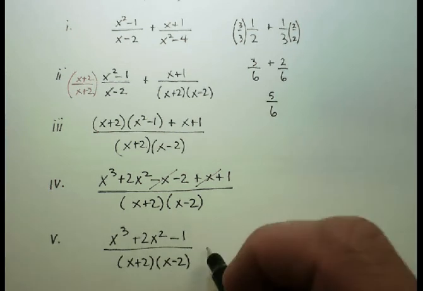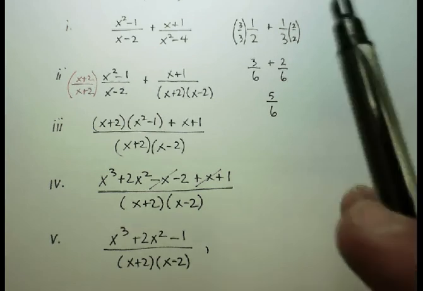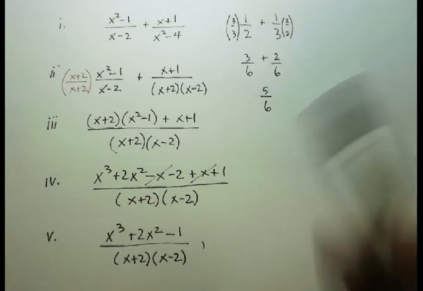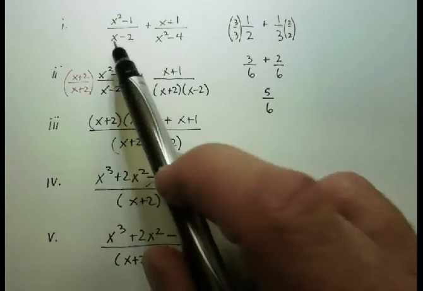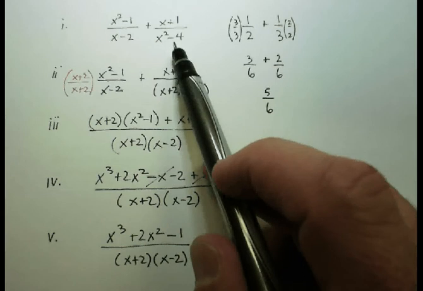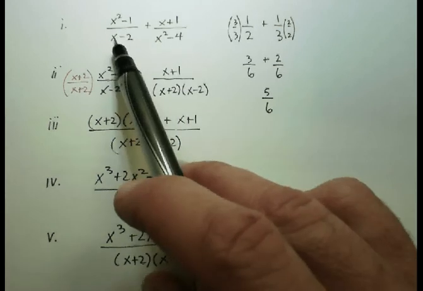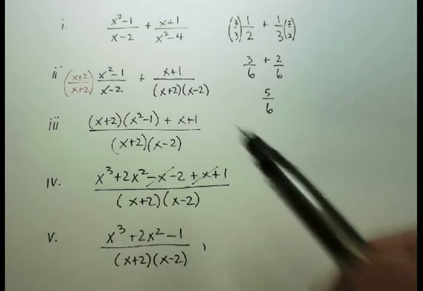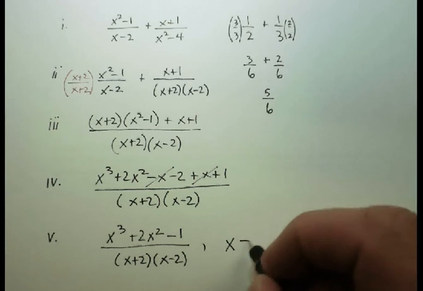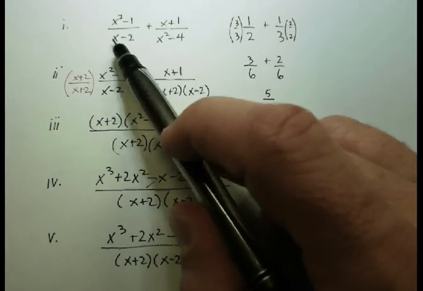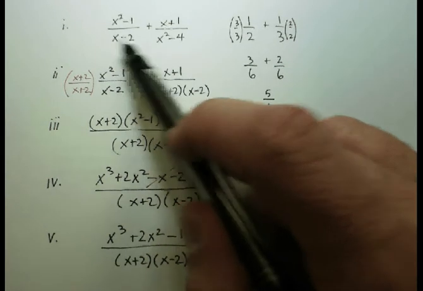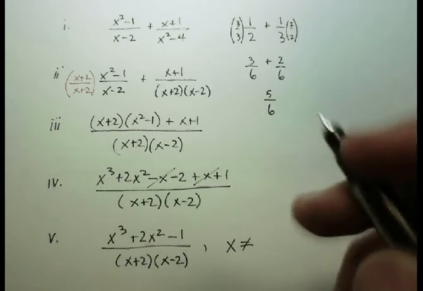Now I've been asking my students to also tell me what the restrictions are. If you look at the original problem and ask yourself what's going to cause that denominator to equal 0, you would say x cannot be 2, because if x were 2, then this denominator becomes 0 and the problem wouldn't work.